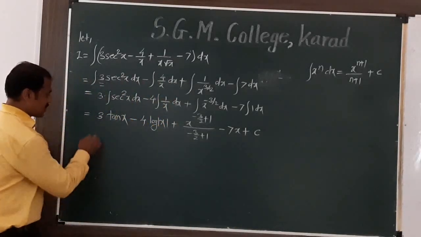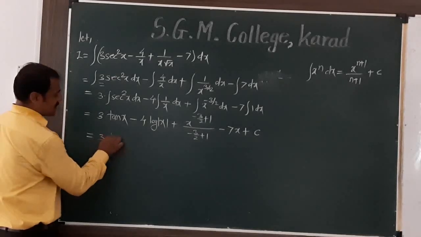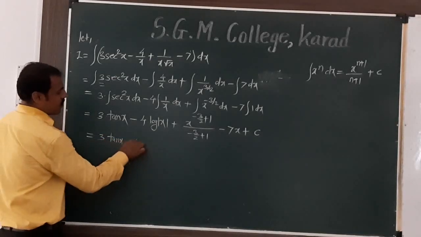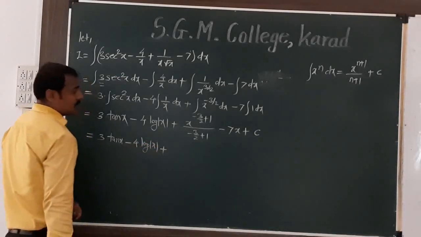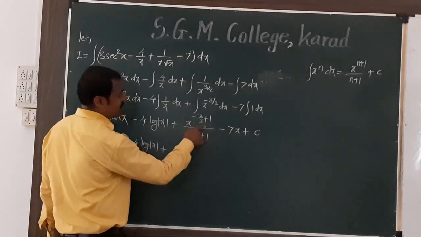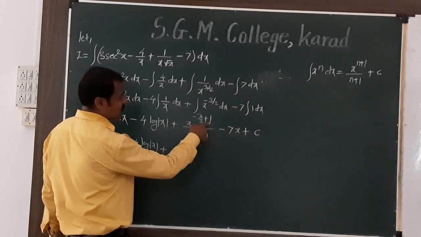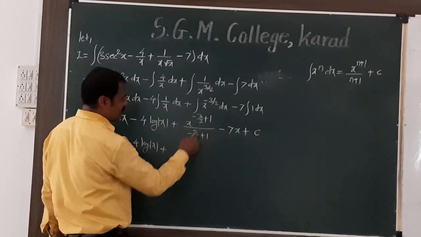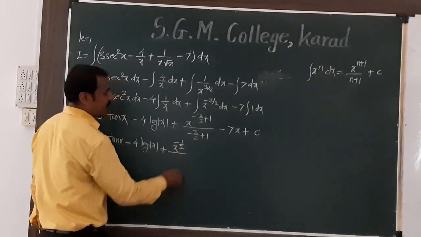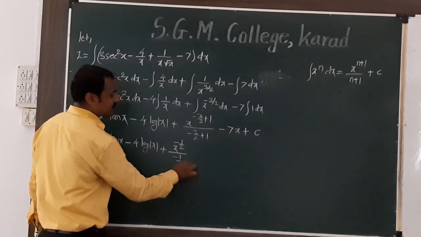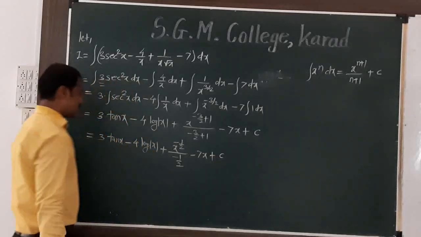On simplification, I is equal to 3 into tan x as it is, minus 4 into log of mod x as it is, plus, on simplification, minus 3 plus 2 divided by 2, minus 3 plus 2 minus 1 divided by 2. So it is x raised to minus half divided by minus half, minus 7 into x plus the constant of integration c.